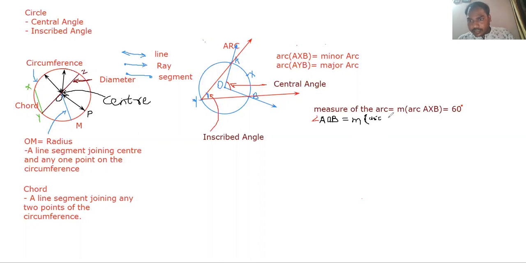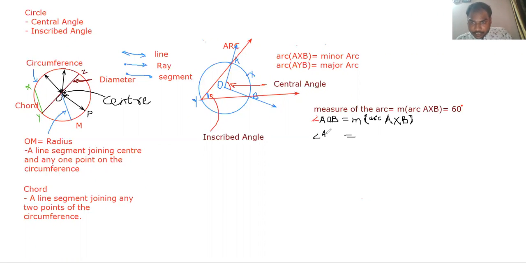AXB. So if the measure of the arc AXB is 60 degrees, very simple, at this place we can write angle AOB.